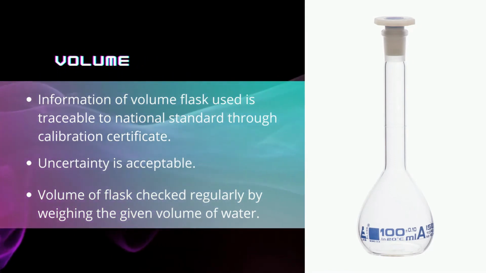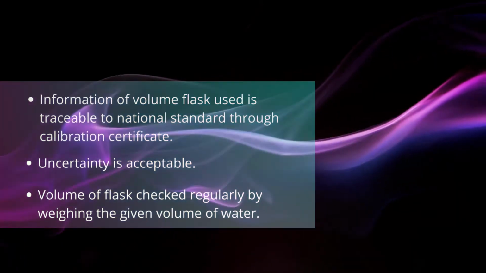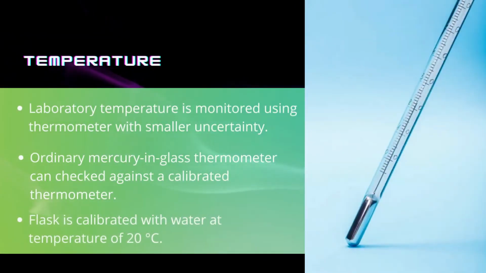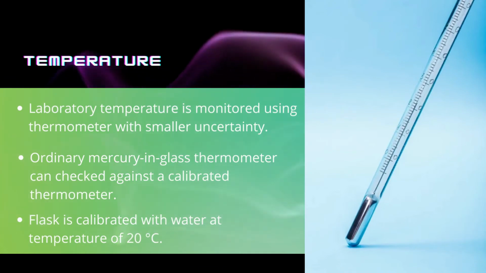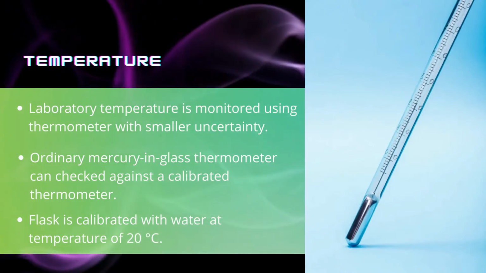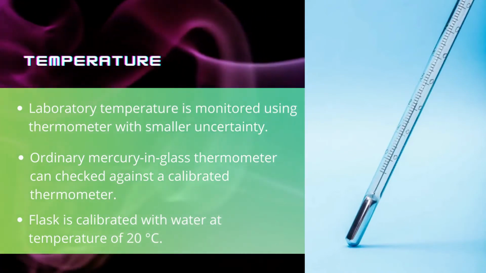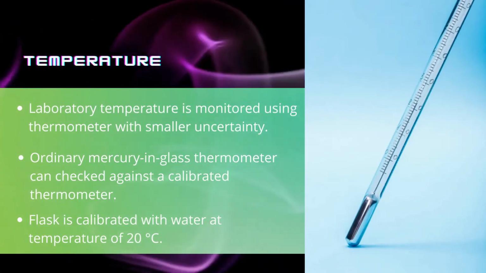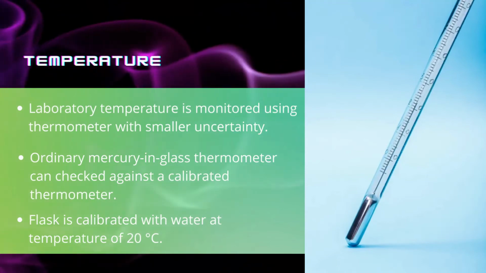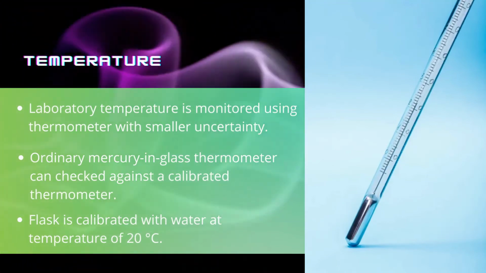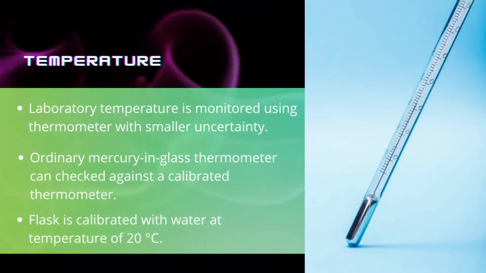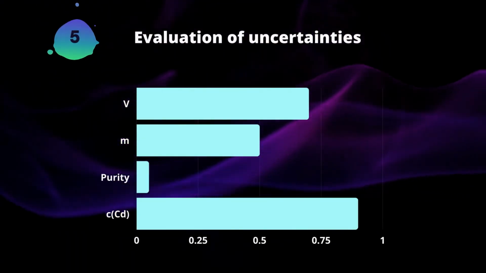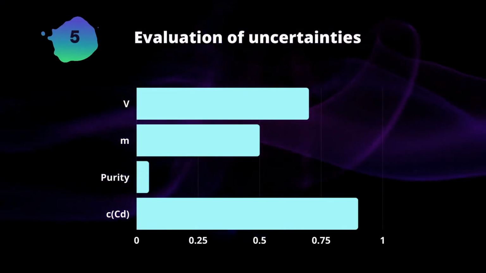The volume of the flask is checked regularly by weighing the given volume of water. And for the control of temperature, the laboratory temperature is monitored using a thermometer with smaller uncertainty. An ordinary mercury-in-glass thermometer can be checked against a calibrated thermometer, and the flask is calibrated with water at a temperature of 20 degrees.